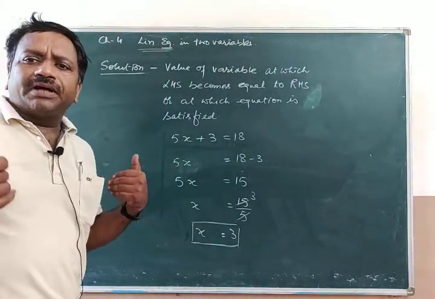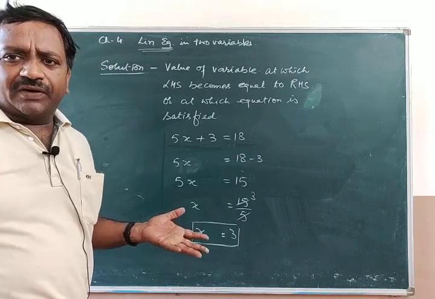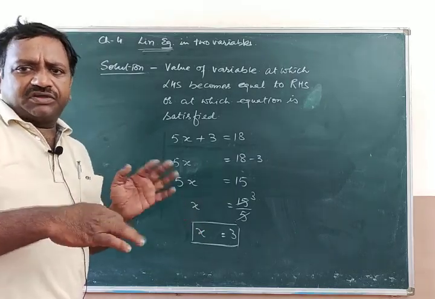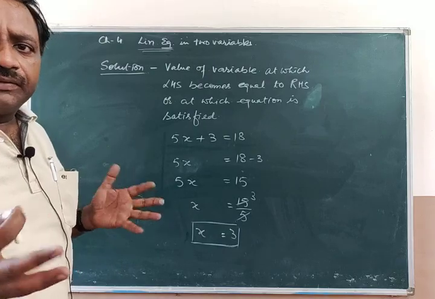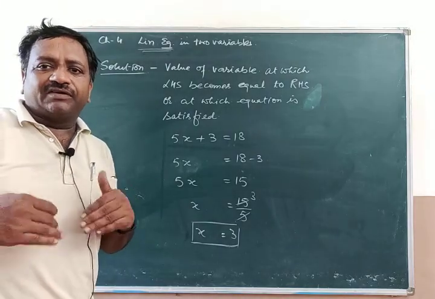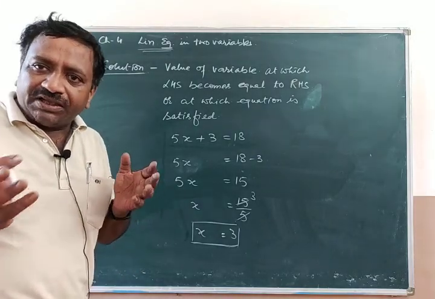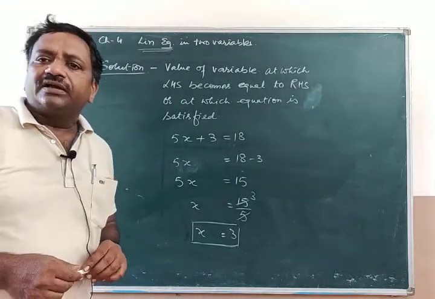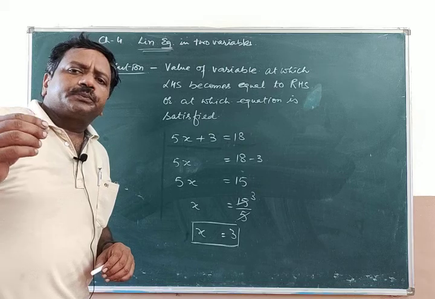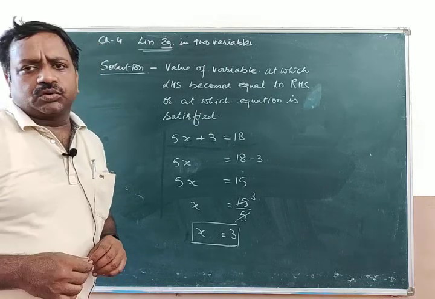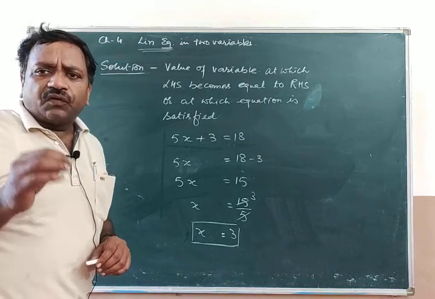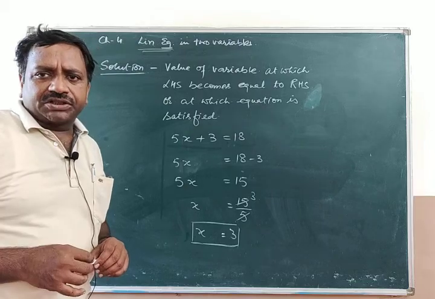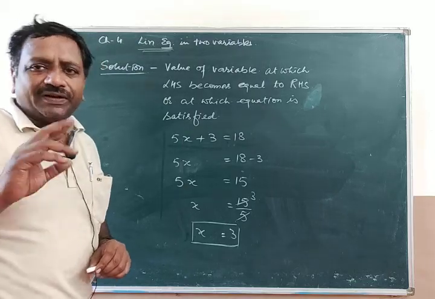Many values of x and y can make the left hand side equal to right hand side. That is why we say that there are infinite solutions for a linear equation with two variables.